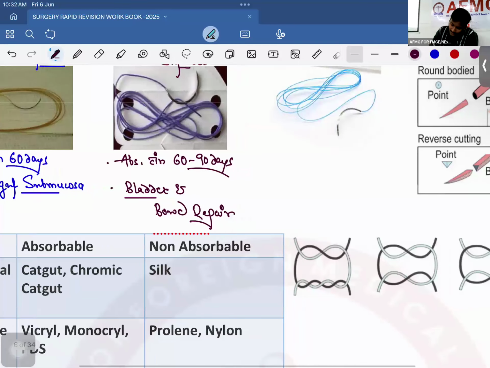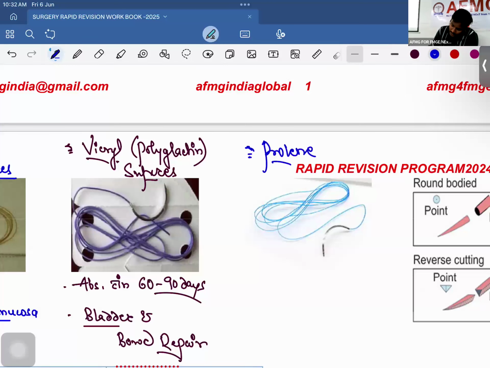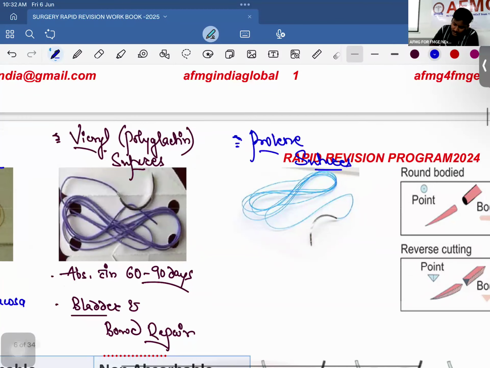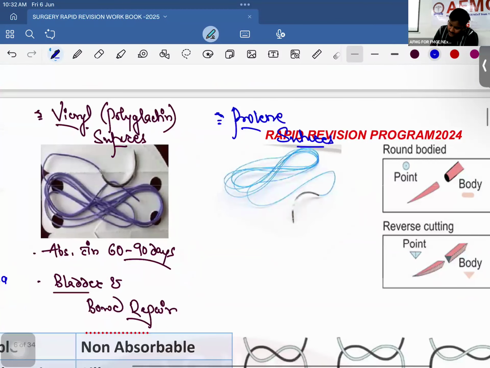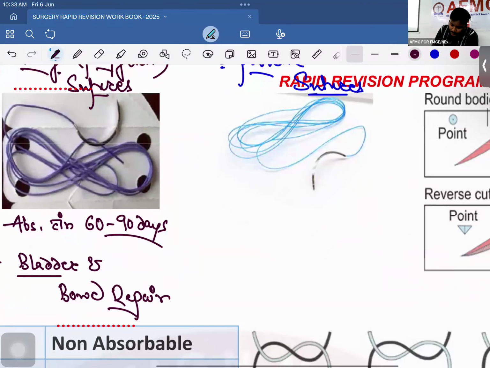Next important is the sky blue color suture known as Prolene suture, beta. Now if I talk about Prolene sutures, please remember, do they have more tensile strength or less tensile strength? Prolene sutures and nylon sutures both have maximum tensile strength, beta. That is important to be remembered. Now, Prolene suture is generally used for what procedure?